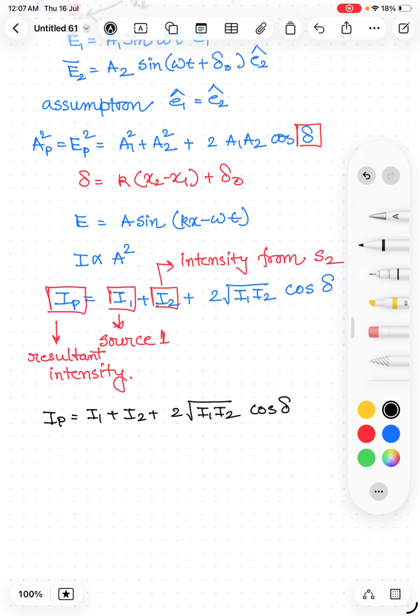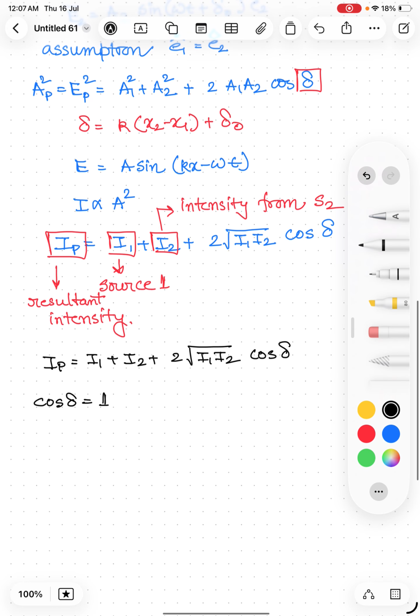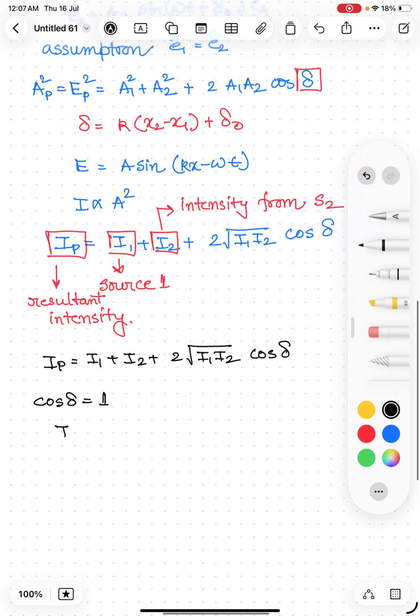Now if cos delta is equal to 1, I can write Ip as I1 plus I2 plus 2 root over I1 I2, or root over I1 plus root over I2 whole square.